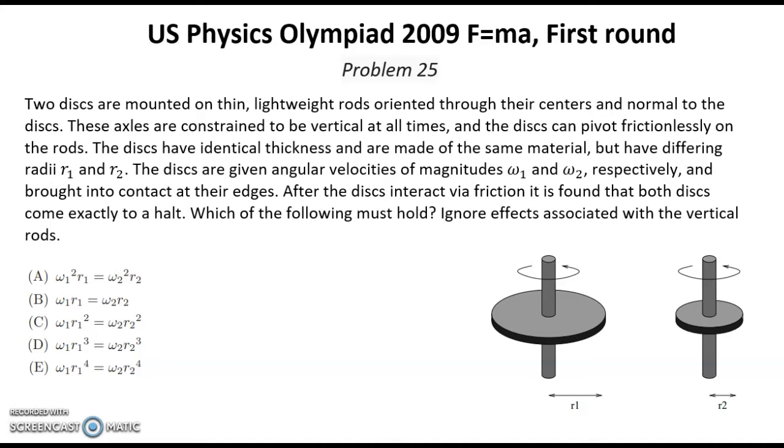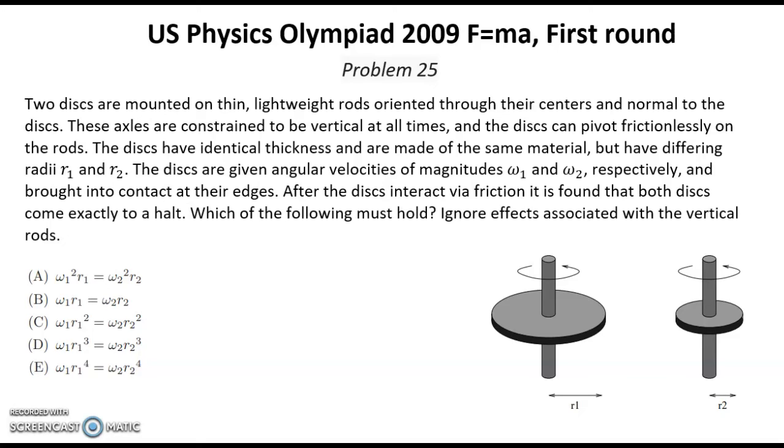The disks are given angular velocities of magnitude omega1 and omega2 respectively, and brought into contact at their edges. After the disks interact via friction, it is found that both disks come exactly to a halt. Which of the following must hold? Ignore effects associated with the vertical rods.